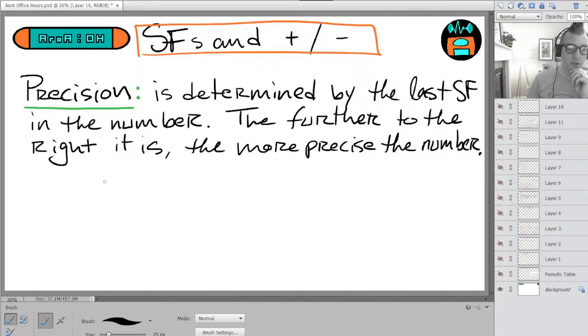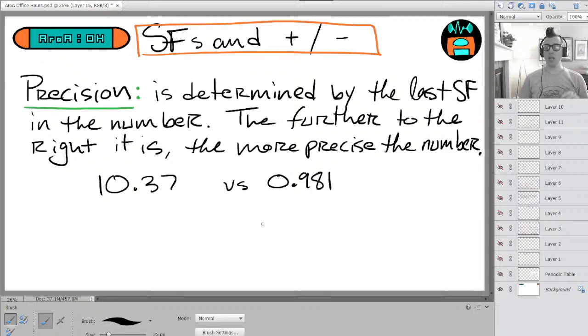So, for example, if you were to compare the number 10.37 versus the number 0.981, if I were to ask you which is more precise, remember, precision is determined by the last significant figure in the number. And 10.37 has its last significant digit in the second decimal place, the hundredths place. 0.981 has its last significant digit in the thousandths place, right, the third decimal place.